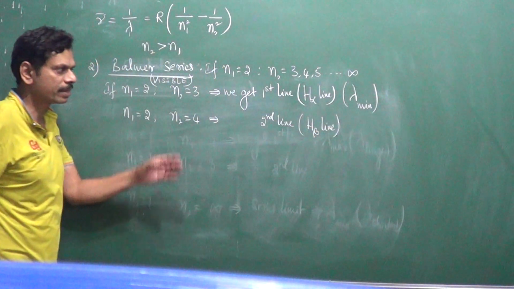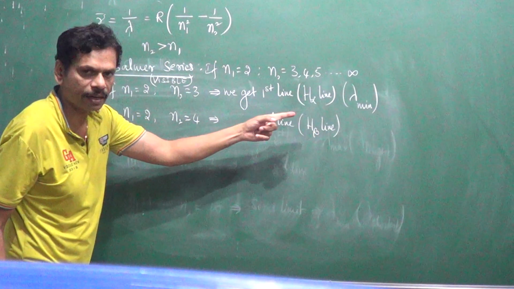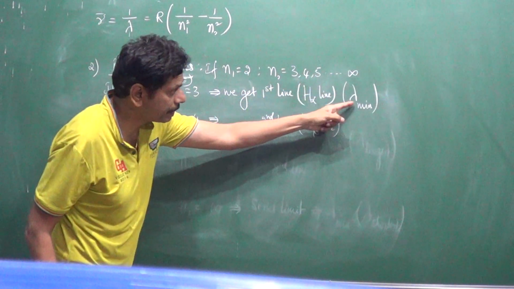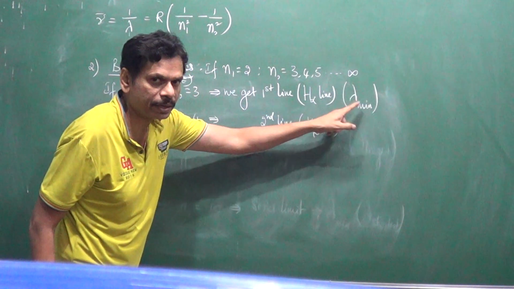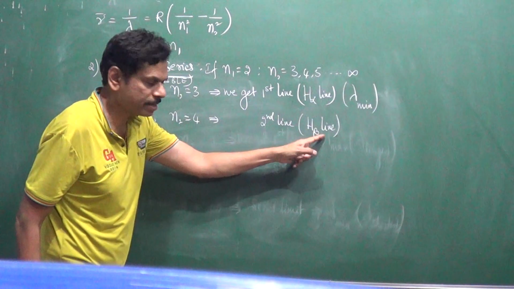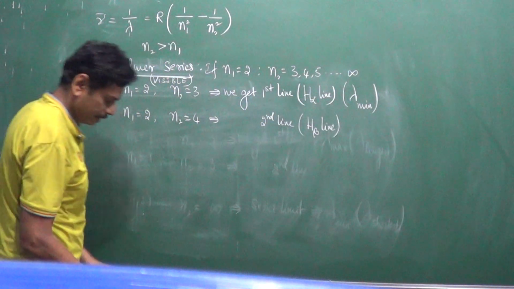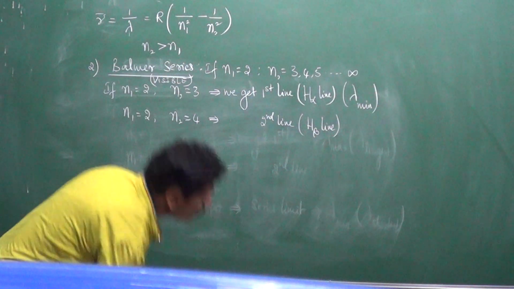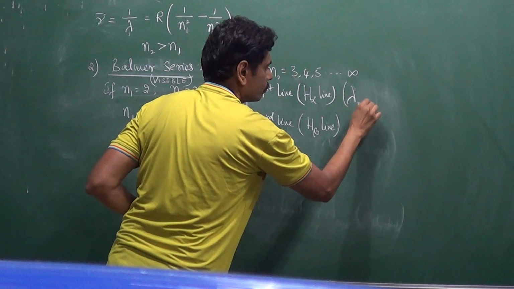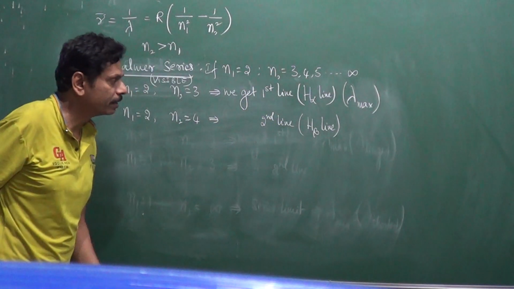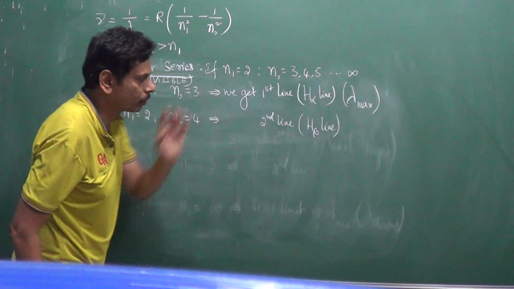On some occasions they ask for both: calculate the wavelength for the H alpha and H beta lines. The H alpha line is not the shortest, I'm sorry. It is slightly more than that; it is the lambda maximum, because the energy is less here, so the wavelength is more.